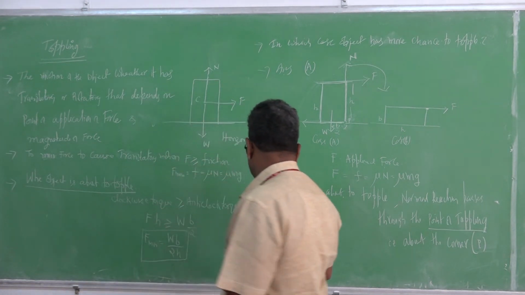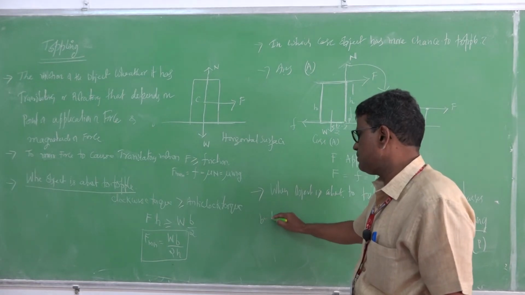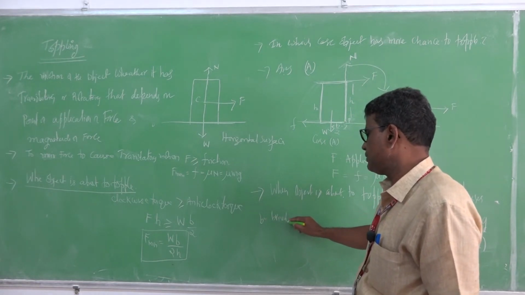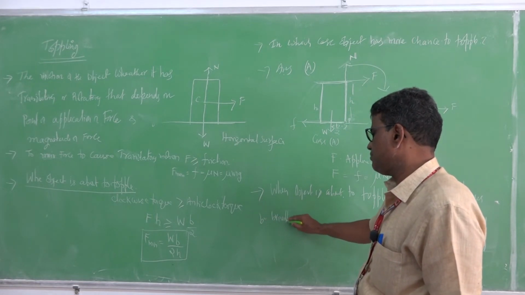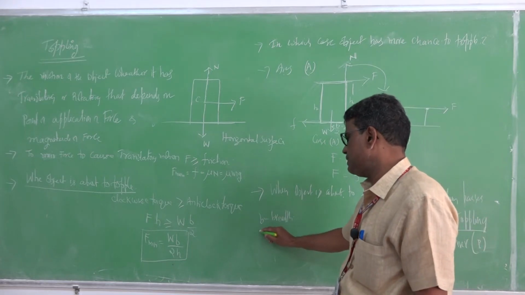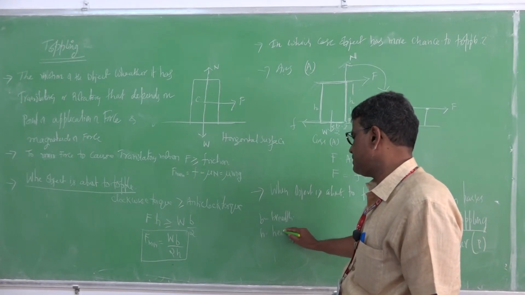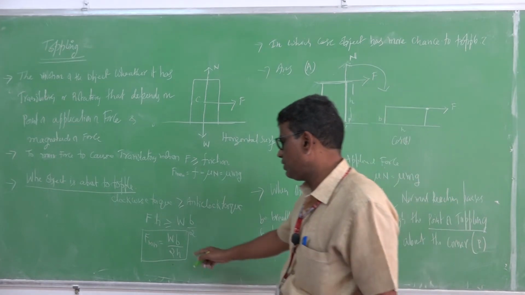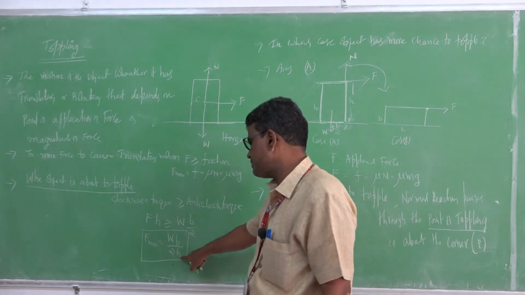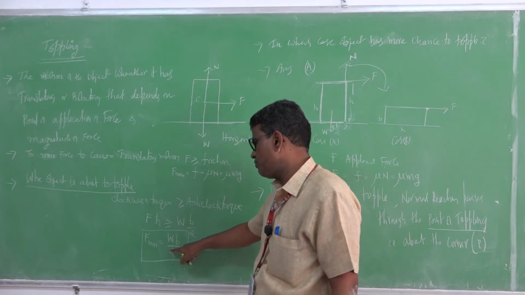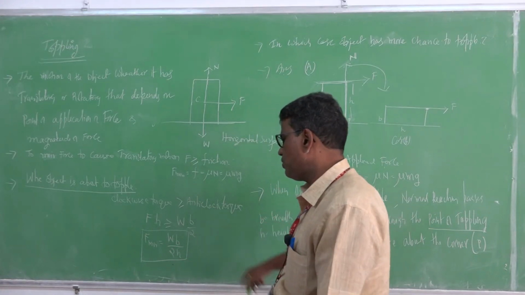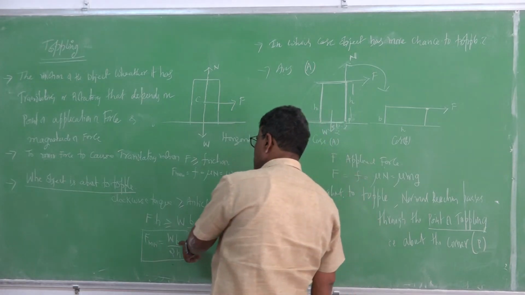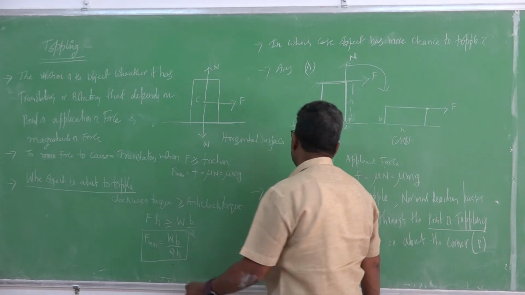What is b? Breadth of the object. What is h? Height of the object. So to avoid toppling, b should be more and h should be less.